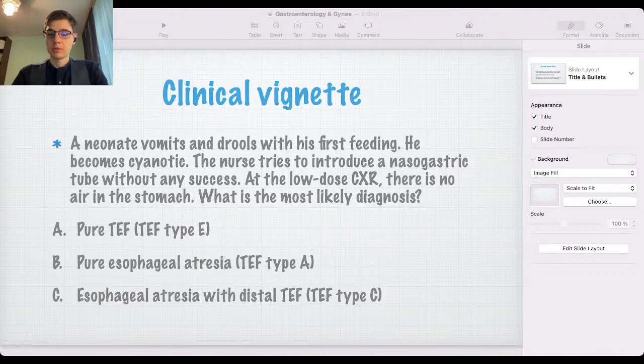B. Okay, another B. B, resistance to NG tube.